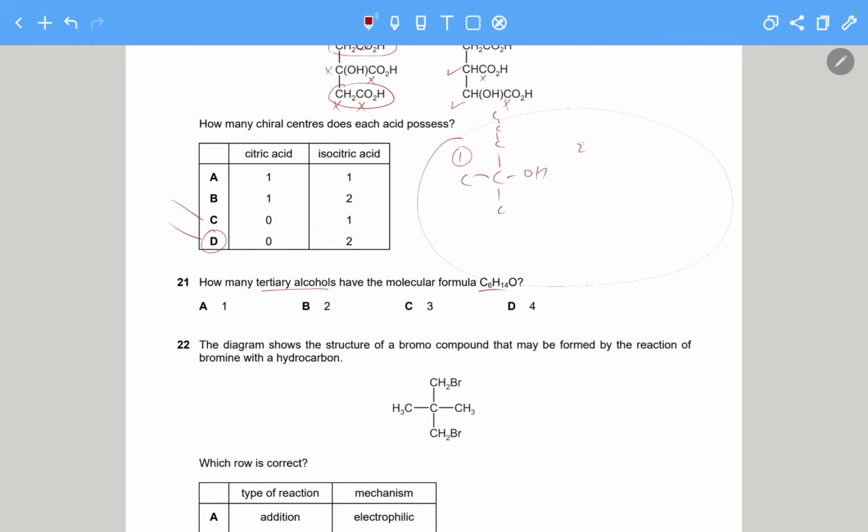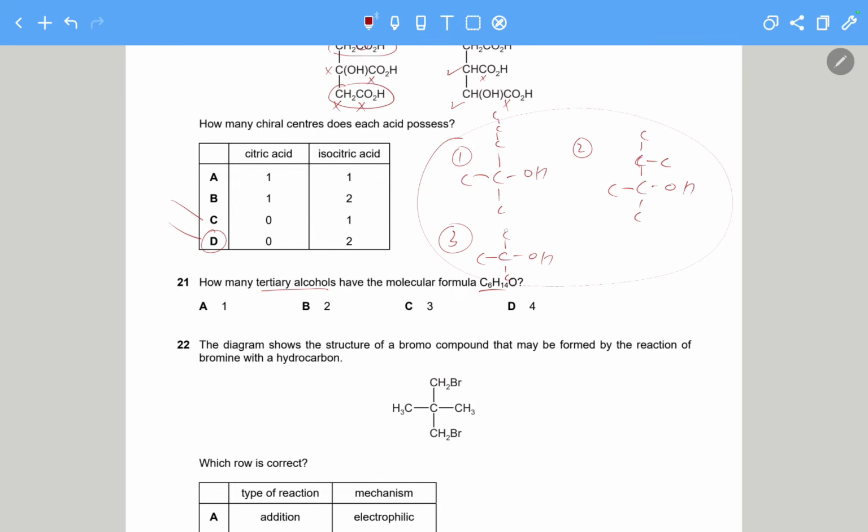This is one isomer, and then we build the framework again. And then we can add 1 carbon here, and we can add another carbon here. So this is another isomer. Instead of adding them in a straight chain, we branch this one. Then we can have another one, which is again making the framework of the tertiary alcohol.